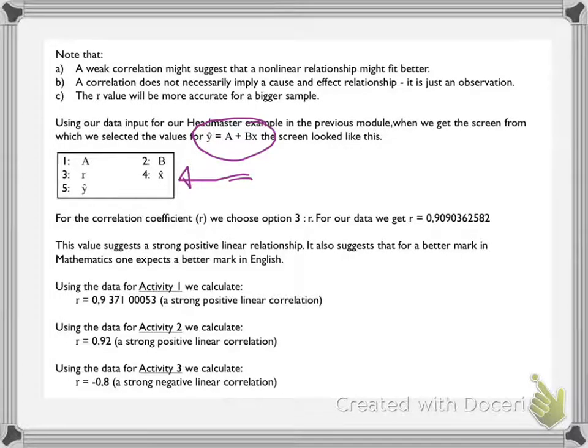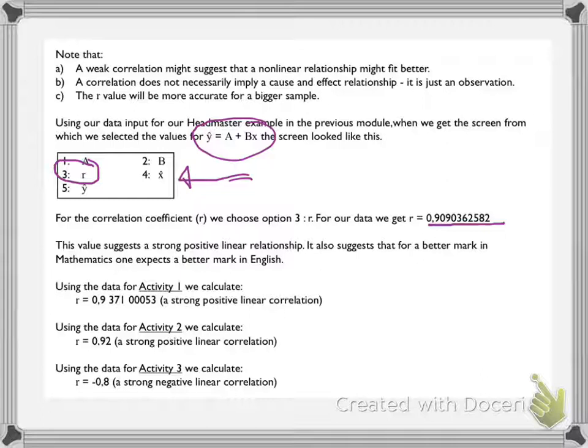And what we're looking for this time is the R, the regression coefficient, the correlation coefficient. And if you use the headmaster data, which you'll find in your 911 booklet, you'll see that you get 0,909. Now that's obviously a very strong correlation.